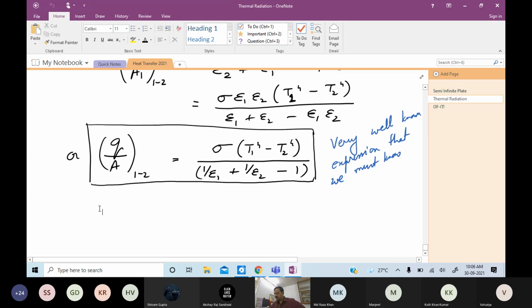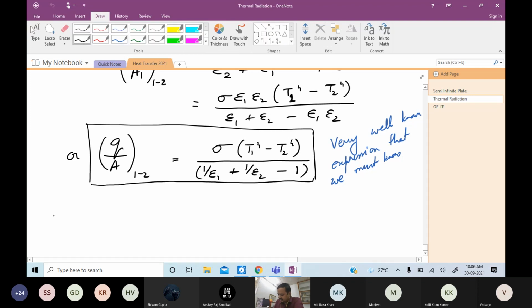So today we will take off from here and do a problem, a very well-known problem, which is known as radiation shield. I had alluded to it yesterday.